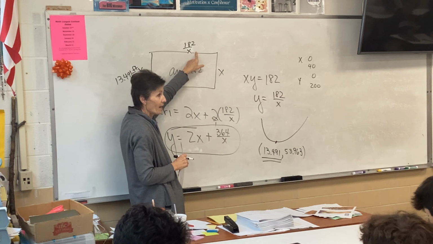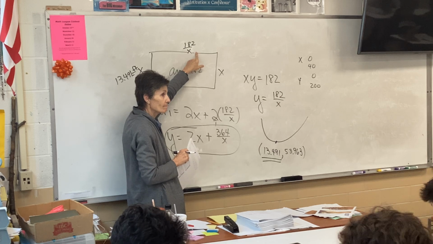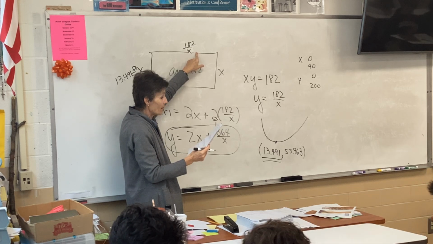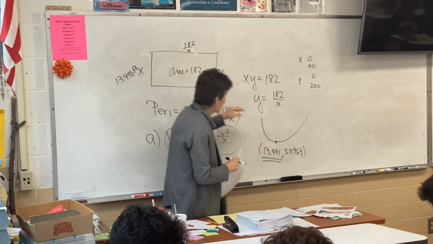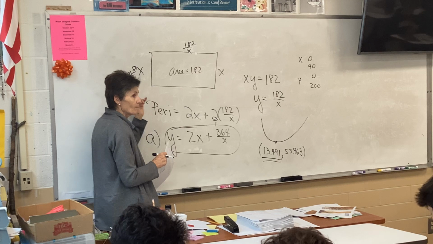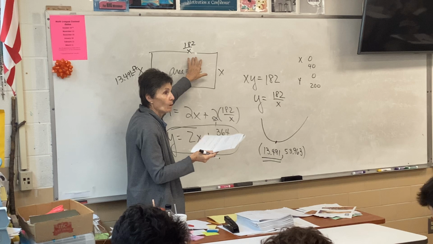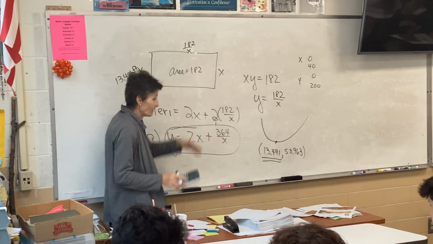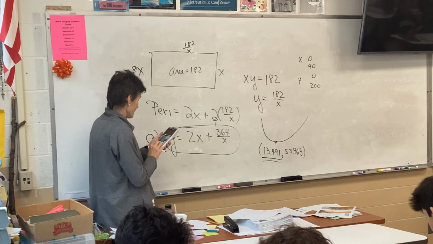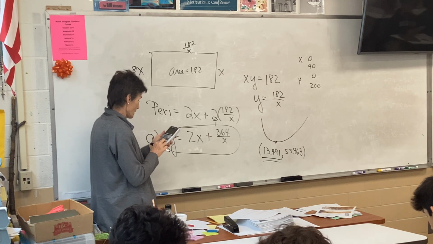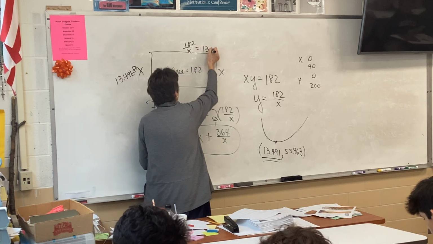182 divided by that, 13.4. Isn't that the least perimeter? Yeah, so I'm not to that question yet, but yes, you're right. That is the perimeter. So that does not answer the dimension question. The dimension question is 13.491 times what? What's 182 divided by 13.491? 13.491 basically.